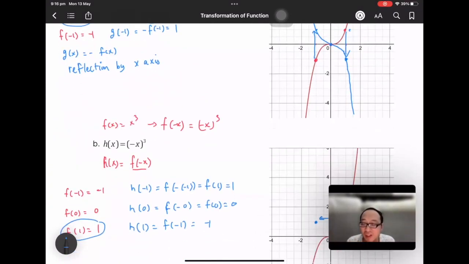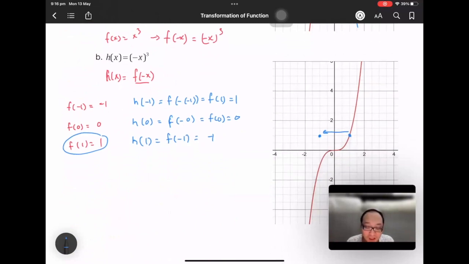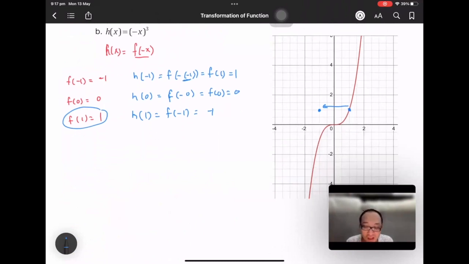But in here, it is negative x, so it's reflected by the y-axis. And here, x1 equals to negative 1. So you reflect this by the y-axis. So you will have the same graph, yeah.